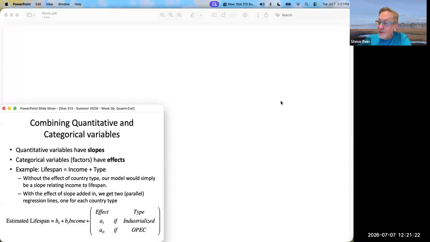Let's go ahead and do a little circling of something here. Our word equation basically says your lifespan depends on whether you are in an industrialized country or not, and it also depends on your income. So we're thinking the quantitative variable itself gives us a slope, so we get a slope attached to income, but the categorical variable, type, also has an effect.